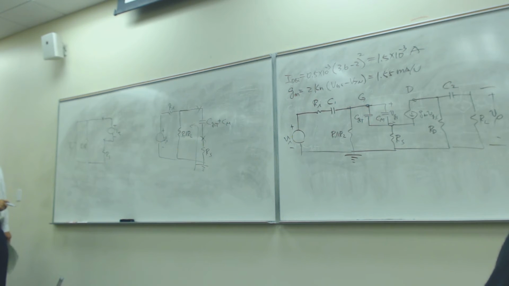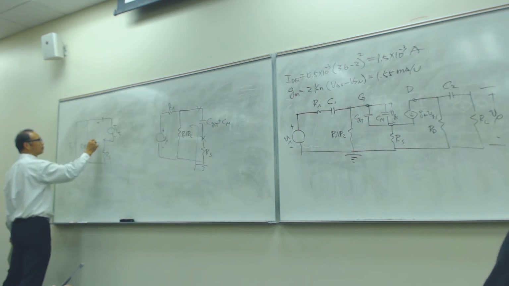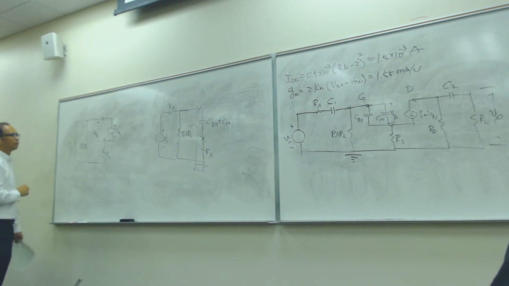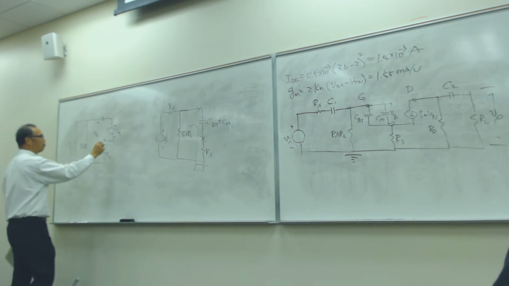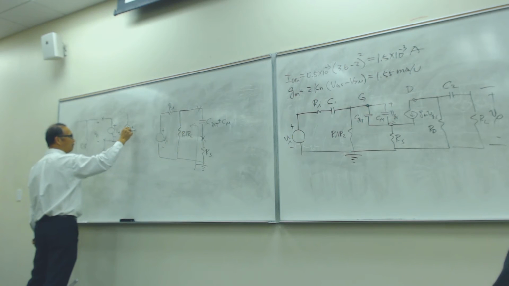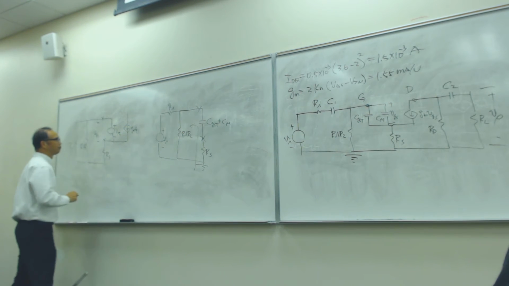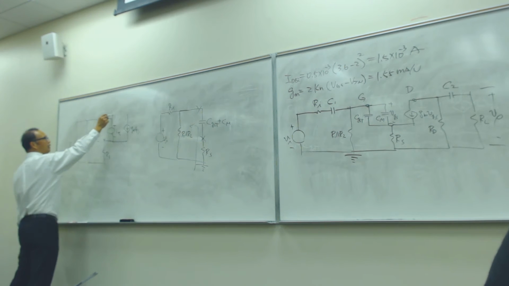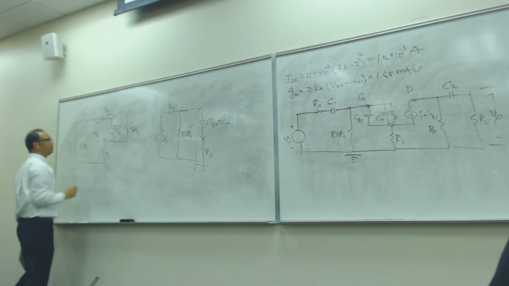Where's VGS, by the way? So this is VGS, right? I think I would probably need to take a look at that. That's G squared VGS, right? Anyway, here is the I test.